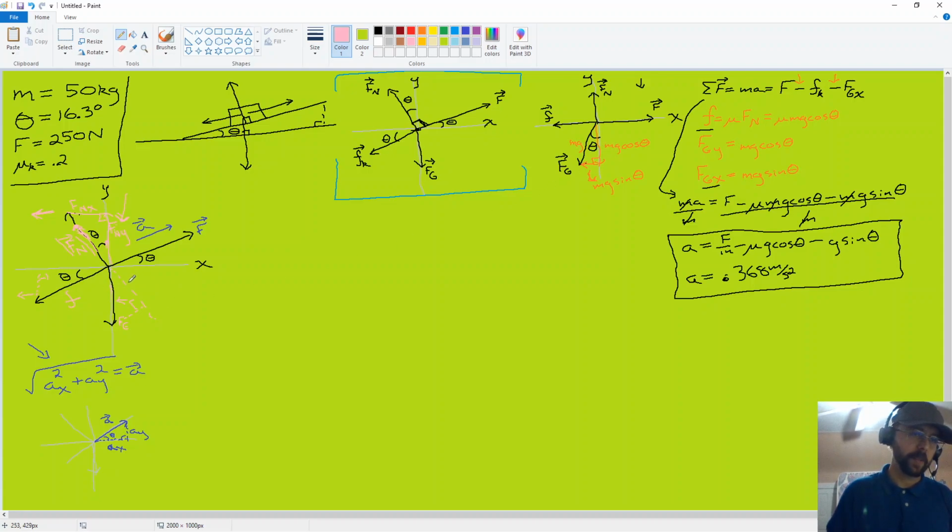Over here though, it doesn't line up with anything in my axes. I guess this would be like angle 90 minus theta. Anyway, you see where I'm going. So you could use the force of gravity to calculate this length, use that to calculate this hypotenuse, the magnitude of the normal force, then use the magnitude to calculate these two sides.